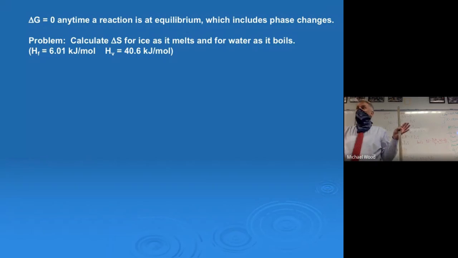What is the temperature when water boils? 100 degrees Celsius, which in Kelvin, good, Tyler, is 373. So if I do that on my calculator, and then I convert it to joules per Kelvin mole, what I get is... let me make sure I got that right.